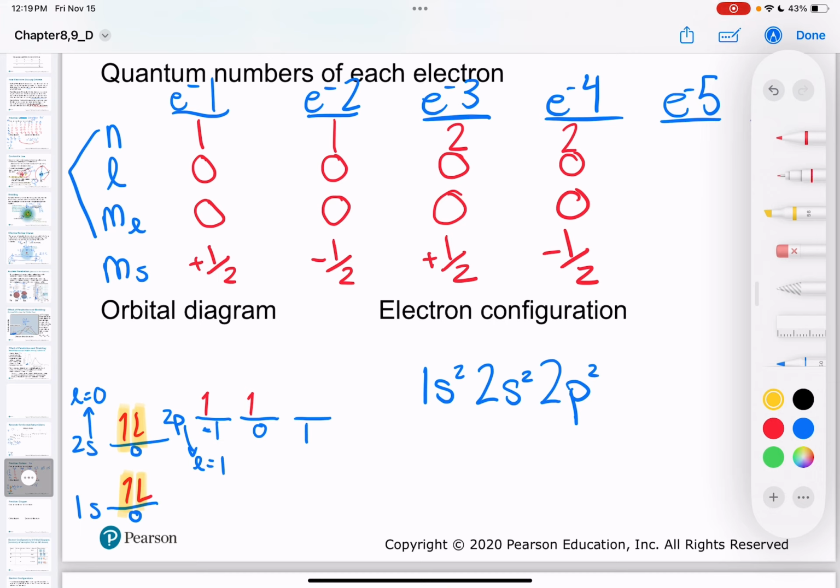Now the 2p electrons, so we'll do that first one. n equals 2. Now we're talking about a p orbital, so L is 1. And the m sub l is -1. And I see that just because I've written -1 under there. So I'm assigning that orbital to be the -1 orbital. Positive spin, so +1/2 for the spin.